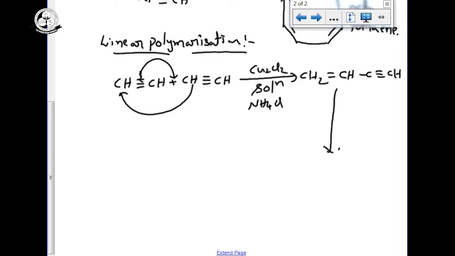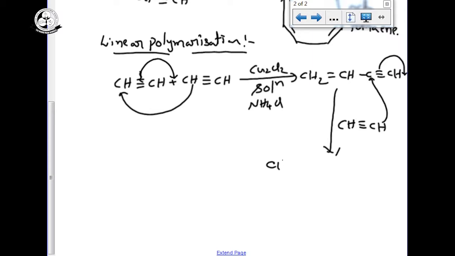If we are adding one more molecule of CH triple bond CH, same thing, the triple bond is shifted in between two molecules, and one of the hydrogens is shifted into this one. Now we can get the triple bond shifted in between the carbons, and hydrogen will be shifted into the last carbon.